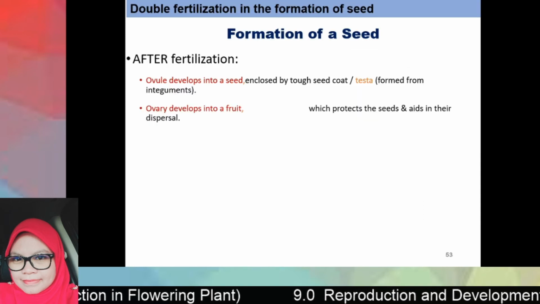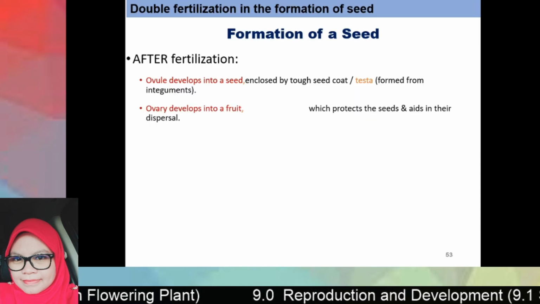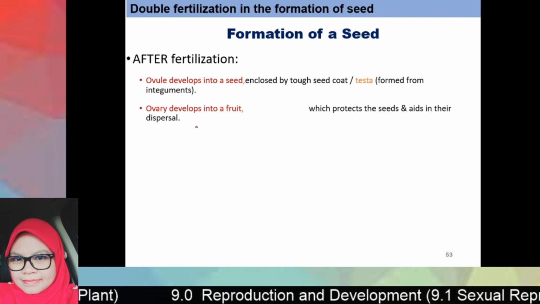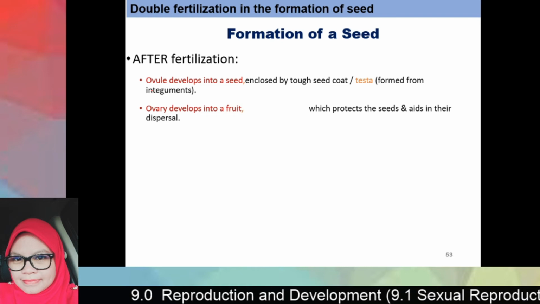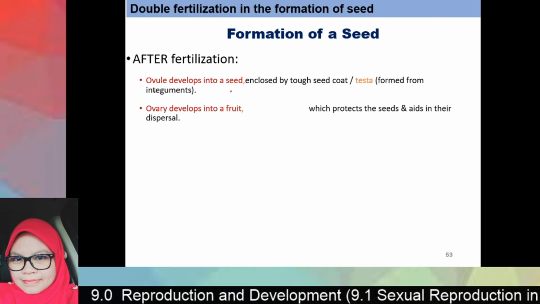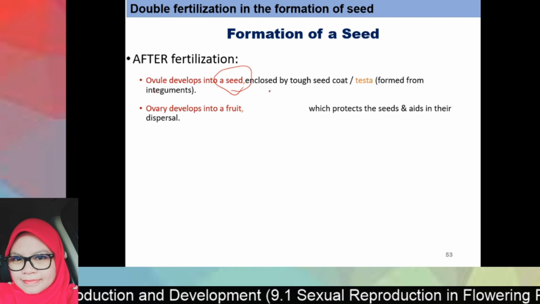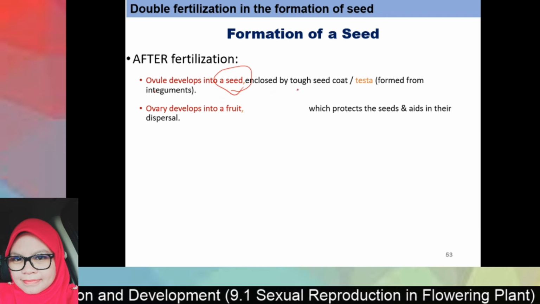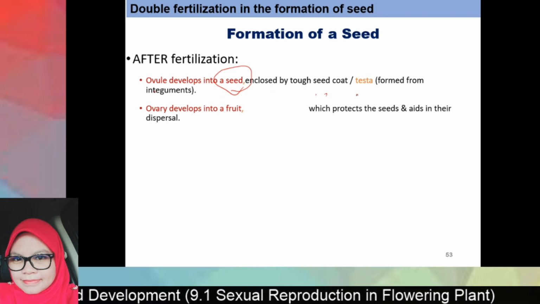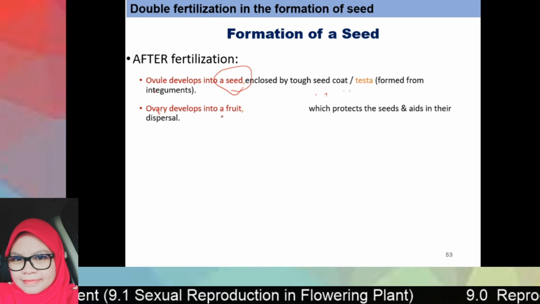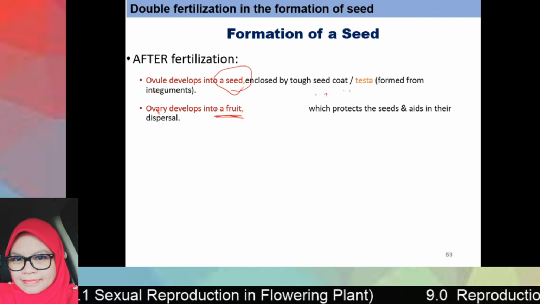So again, the same explanation. What happens after fertilization? The entire structure of the ovule will develop into the seed. Then the seed will be enclosed by the seed coat, or testa. And the ovary will develop into the fruit.